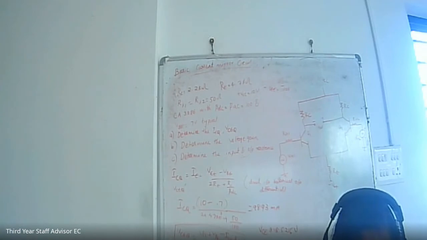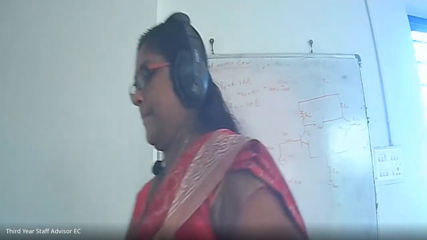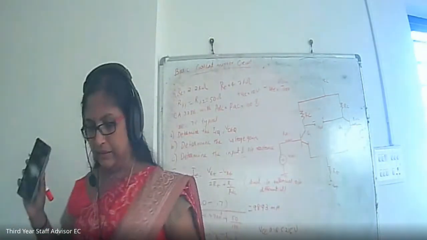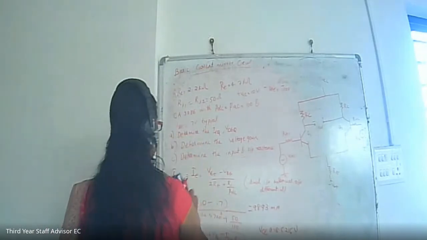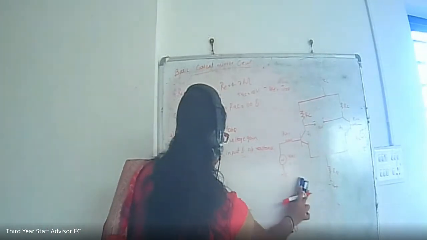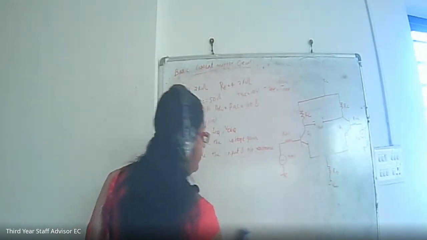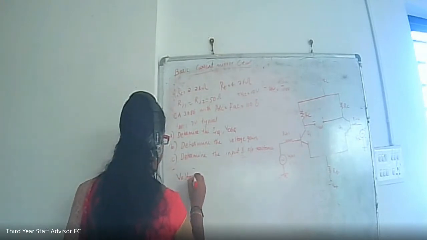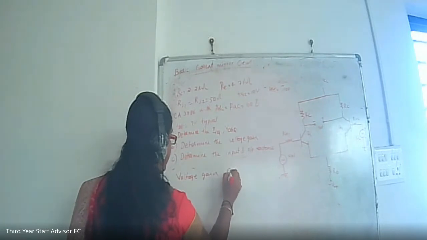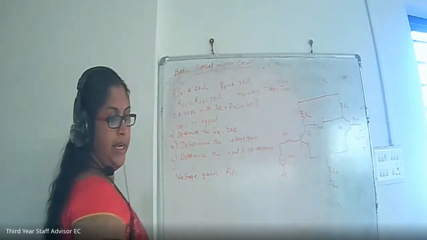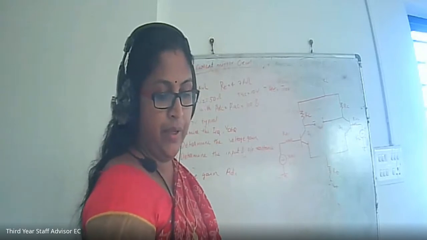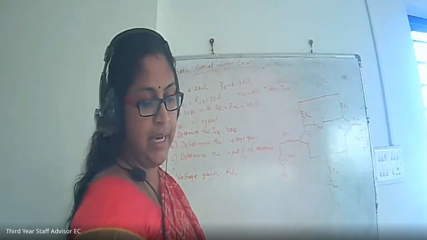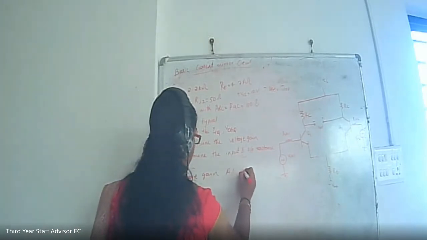Second question is voltage gain. So you have to write the equation for voltage gain in the case of dual input balanced output. Actually, here we are considering the differential gain AD, which is equal to RC by RE dash, that is V out by V in.